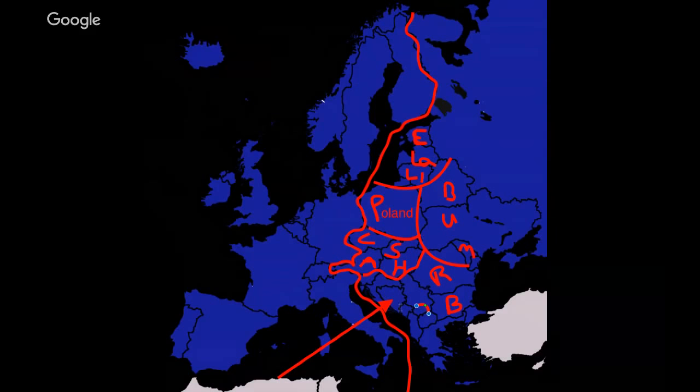We have Serbia, which is the slender one at the top, and Montenegro, which is the tiny one right by the sea. We have Kosovo, Albania, and Macedonia. So we have S, M, K, A, M.